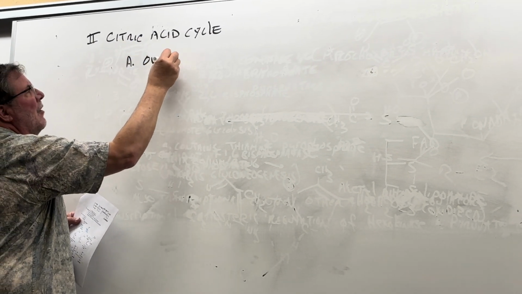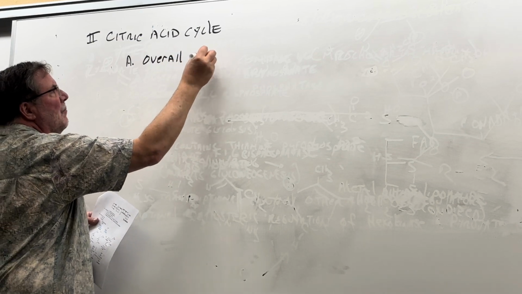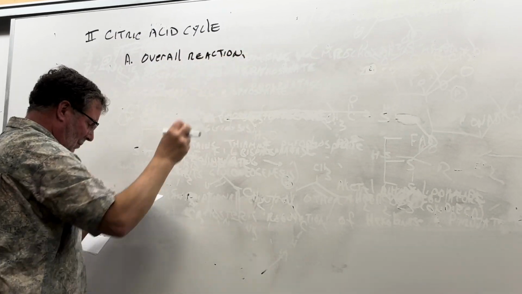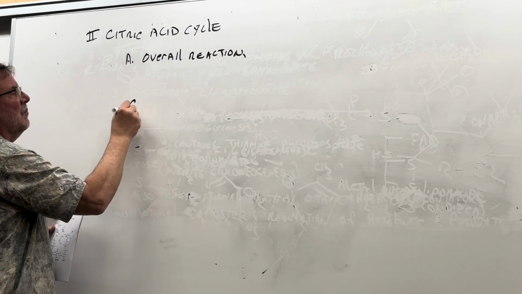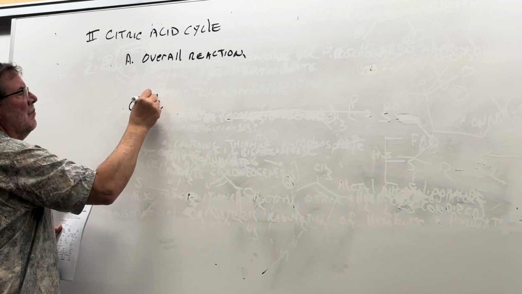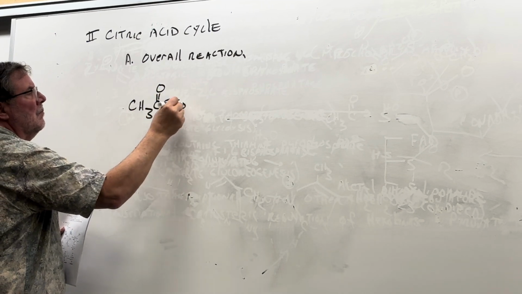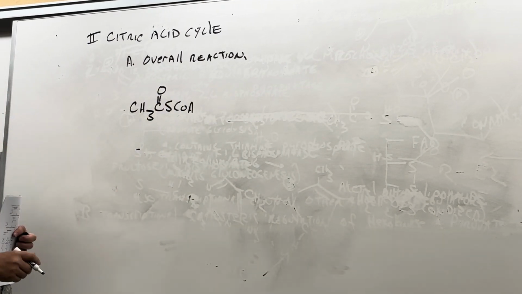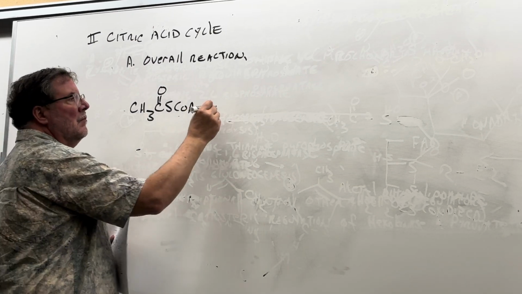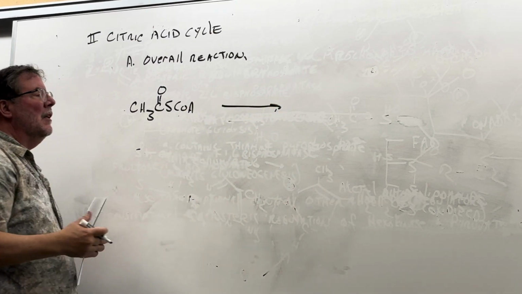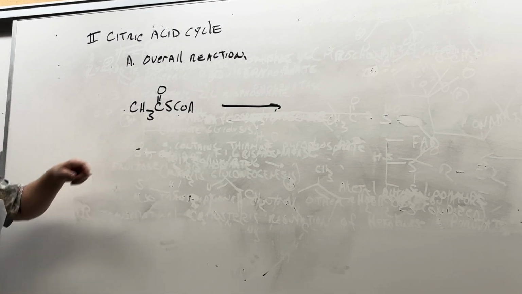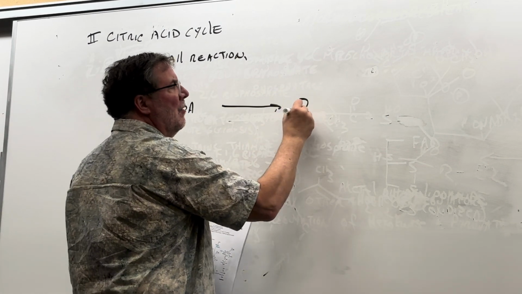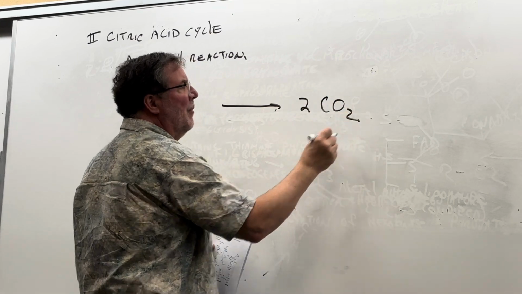So first of all, let's just look at the overall reaction. We're going to take acetyl-CoA, and we're going to convert both those carbons into carbon dioxide, to 2 carbon dioxide.